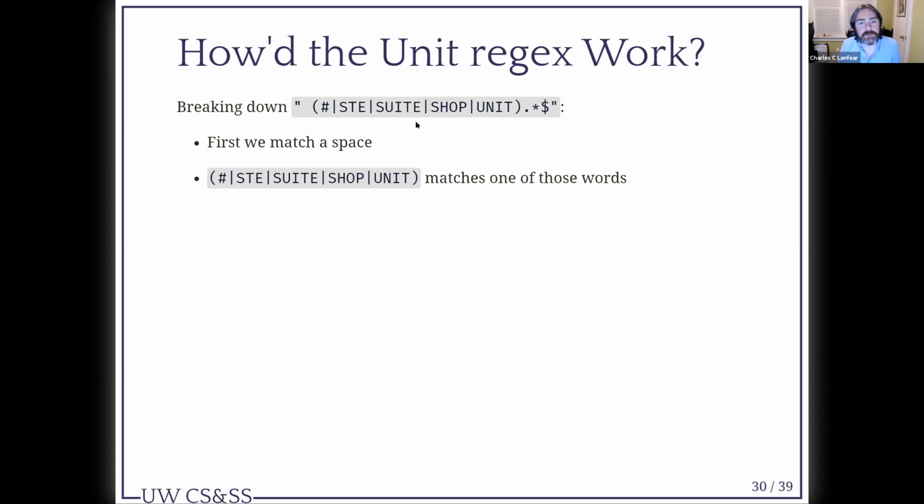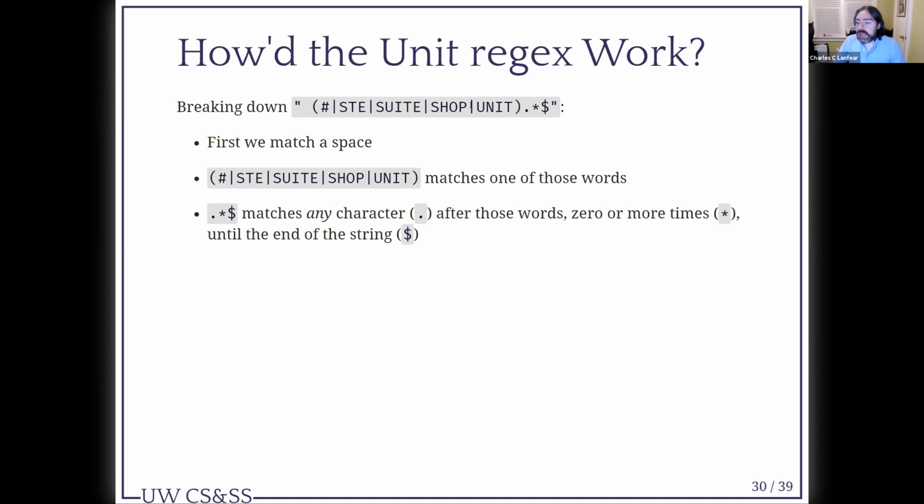Okay. So what we want to do, so a question, what's this? This is a literal character, so it's actually going to match this symbol in the text. This doesn't do anything special. Okay, so if I match any one of these things, I then want to match anything that occurs afterwards, no matter how many characters there are.